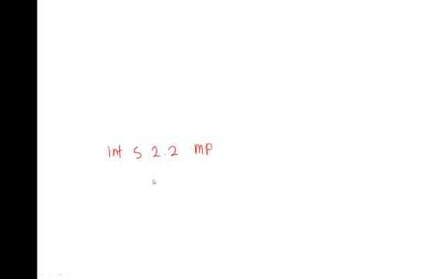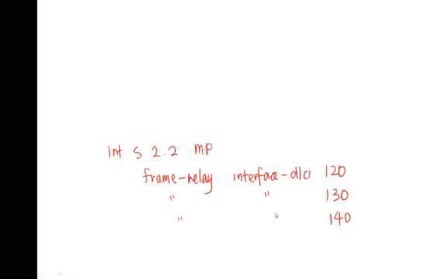Instead of using the frame-relay map command to associate circuits to the same sub-interface, we can simply use the frame-relay interface-dlci command to associate 120, 130, 140 to the sub-interface.